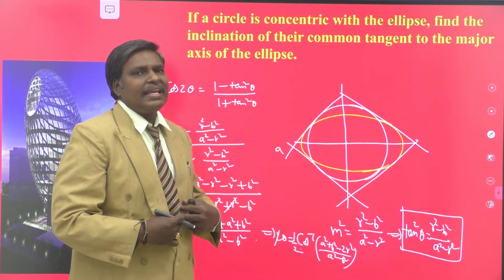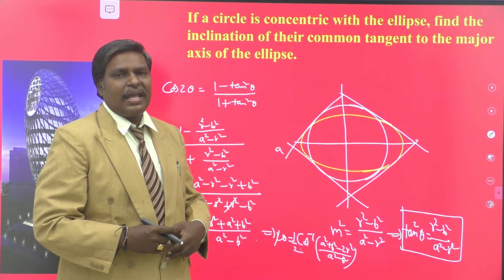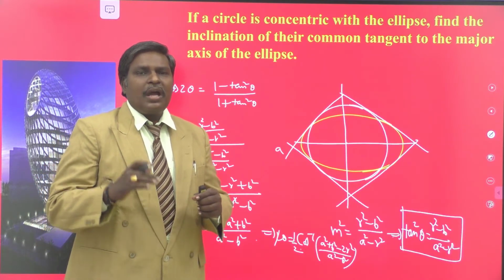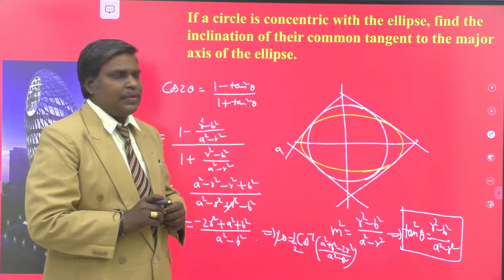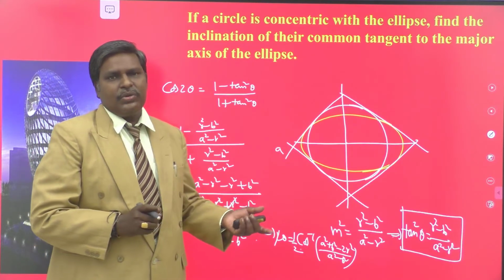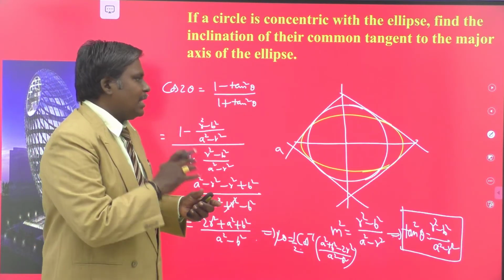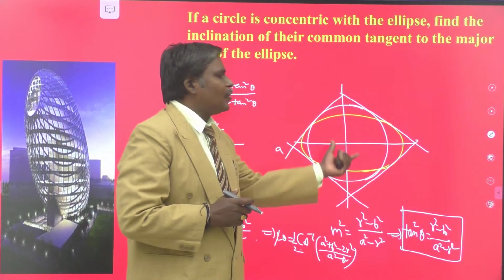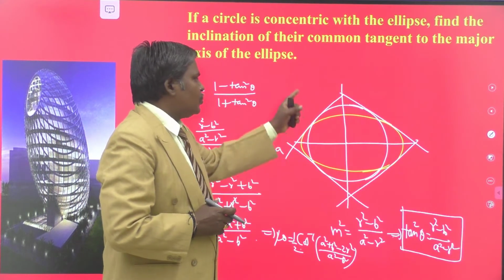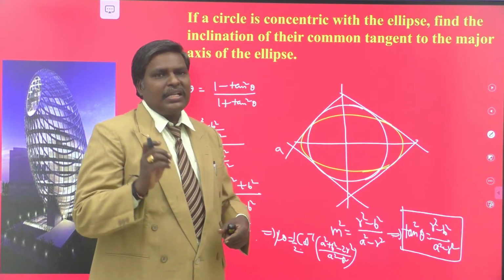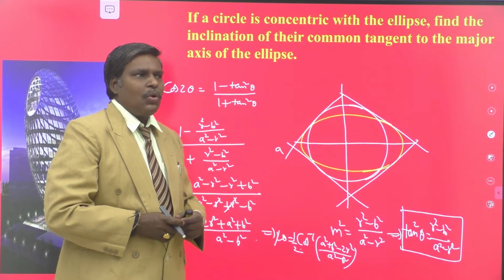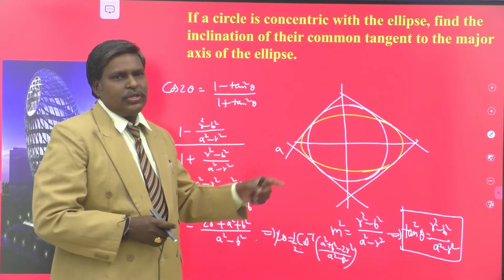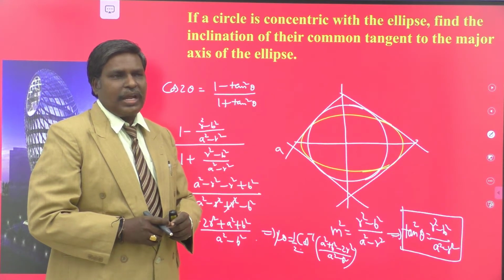This is the inclination of the common tangent to the ellipse and a circle which is concentric to your ellipse, having radius r units. That means the circle intersects the ellipse in 4 points here. So these are the cases. When r is equal to b, the angle is theta equal to 0. When r is equal to a, we have theta equal to 90 degrees.